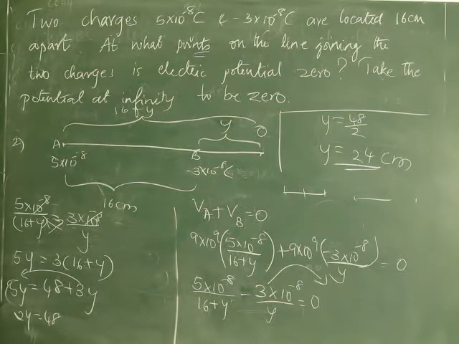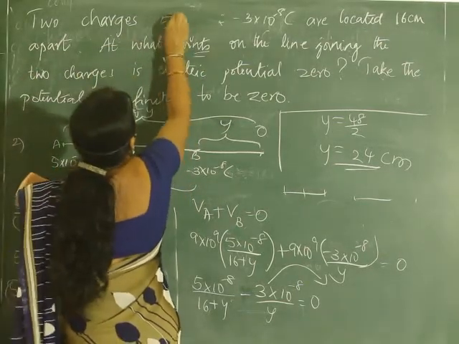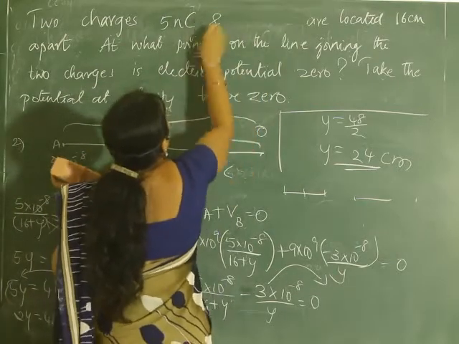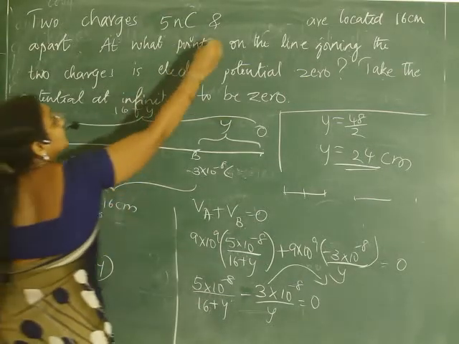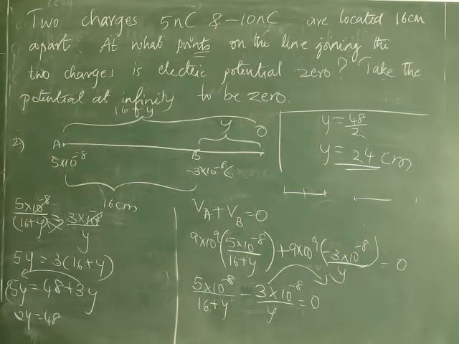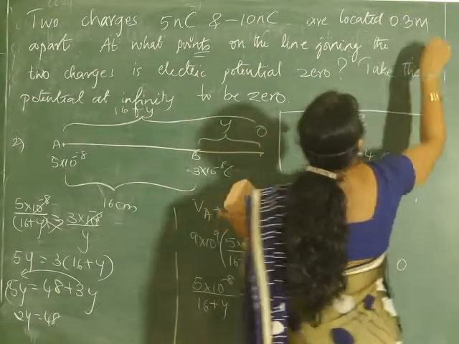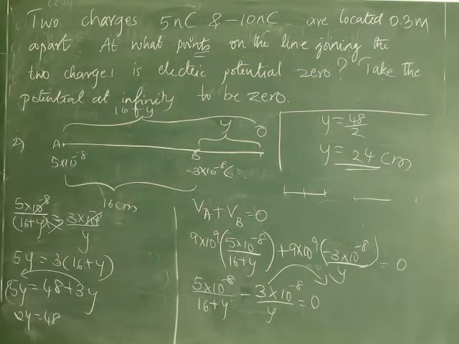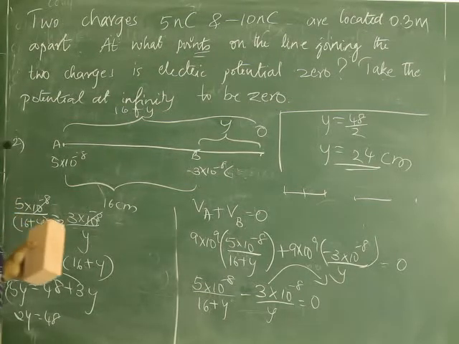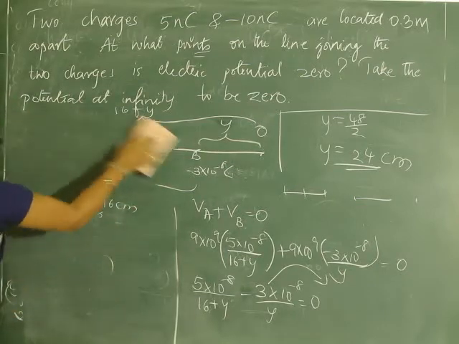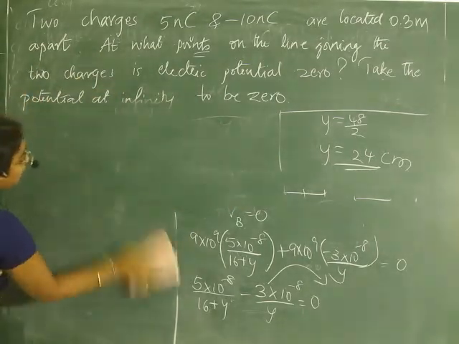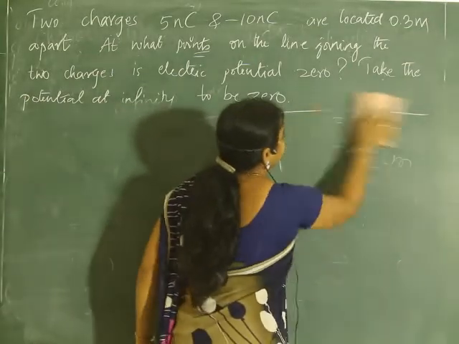Two point charges, 5 nanocoulomb and minus 10 nanocoulomb are located 0.3 meter apart.